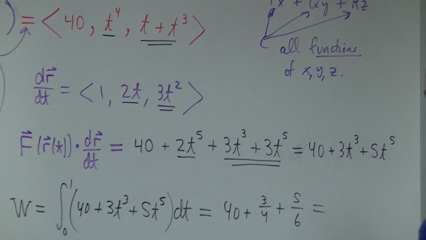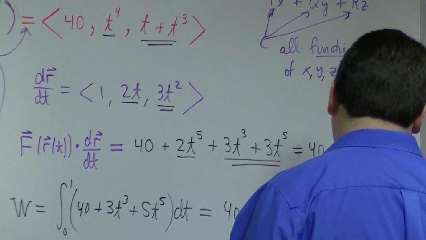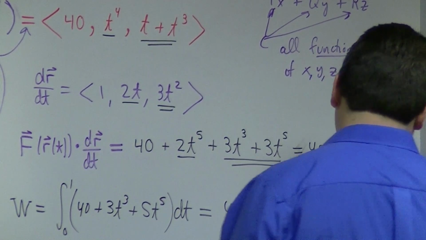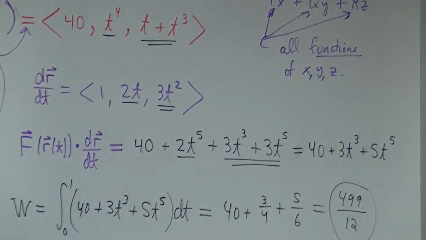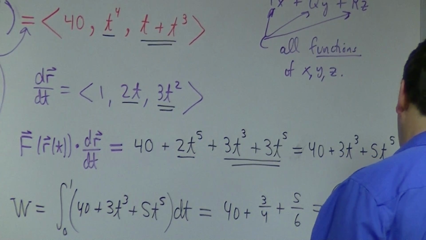What is that number? 499 over 12. Oh, okay. 41.58. Okay.